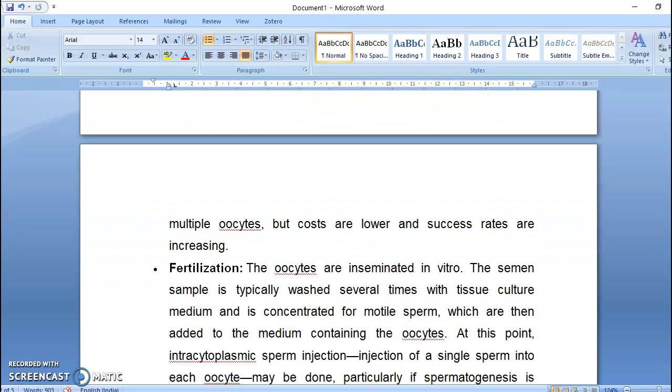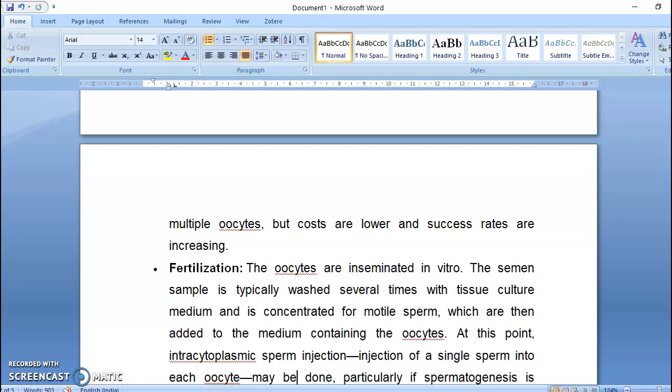Now next it is the fertilization. Once the oocyte is inseminated in vitro, that is, the oocyte is taken, and ejaculation is done, and the semen is mixed with the oocyte.